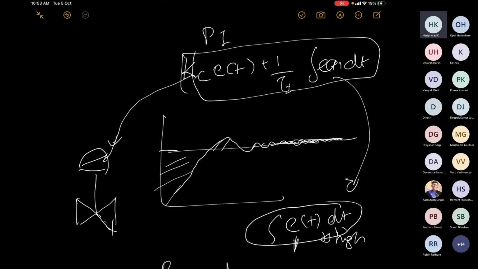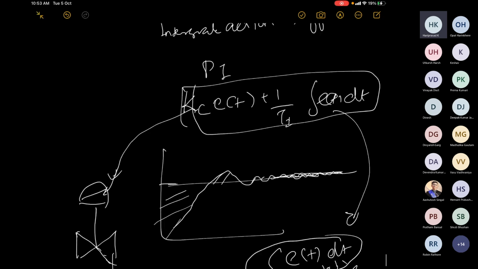It is fully opened or fully closed based on which type of valve it is. Even if the error keeps increasing, you cannot do anything because your valve is already at the extreme condition. Just to avoid accumulating this excess error at that time, people would drop this particular term. That is basically known as resetting the windup.